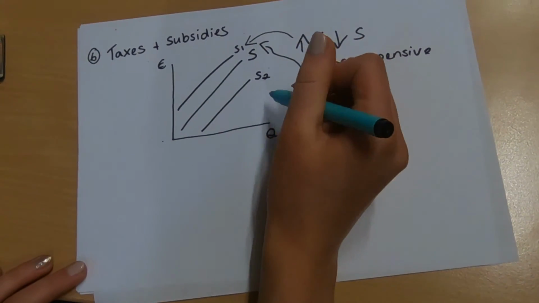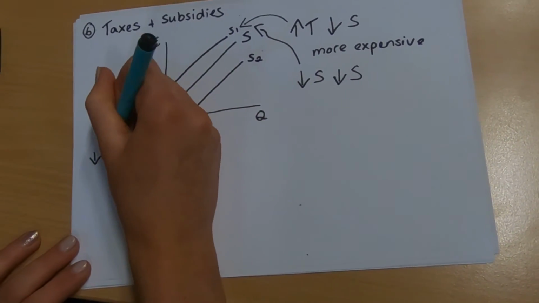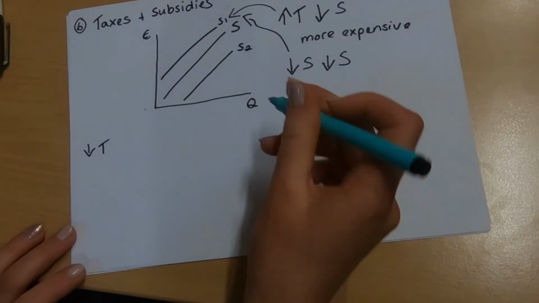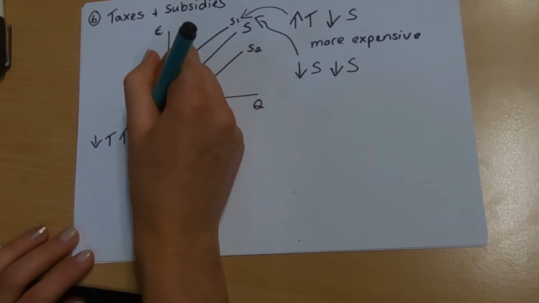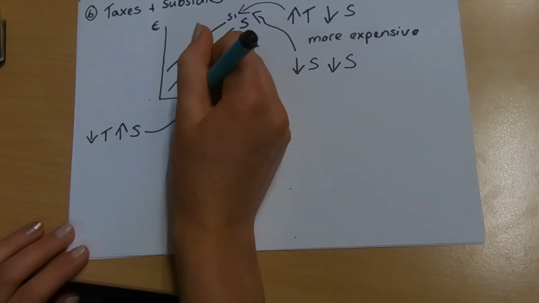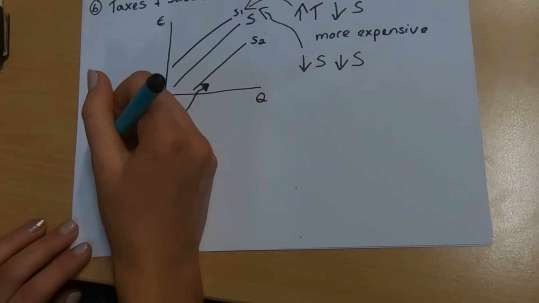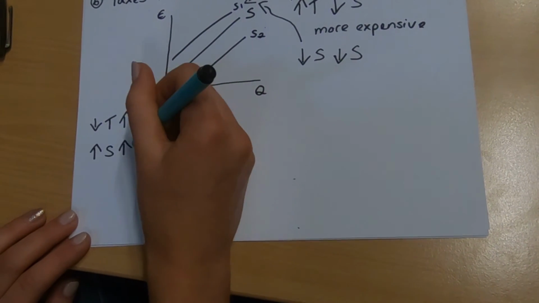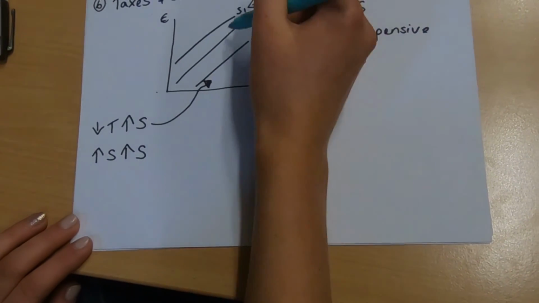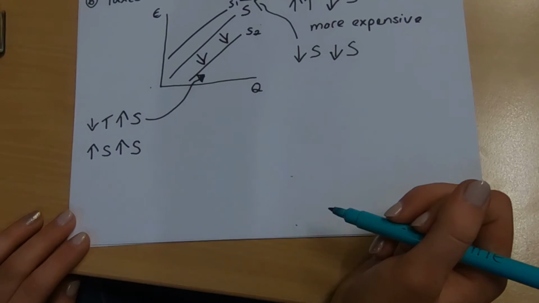Now, if the taxes were to decrease, it becomes cheaper for firms to produce goods and services, which means that there's going to be an increase in the quantity supplied. And if the subsidies are to increase, it's going to cause a positive effect on the quantity supplied, and quantity supplied is yet again going to increase.